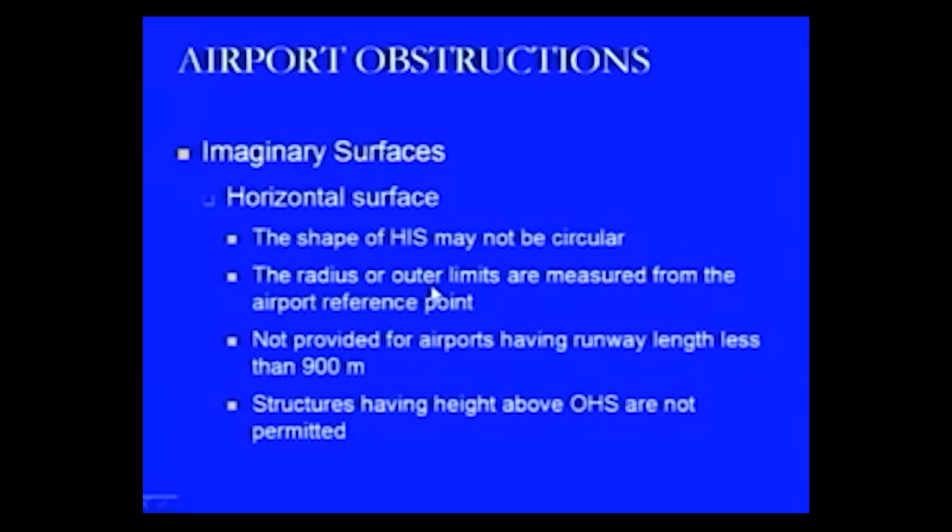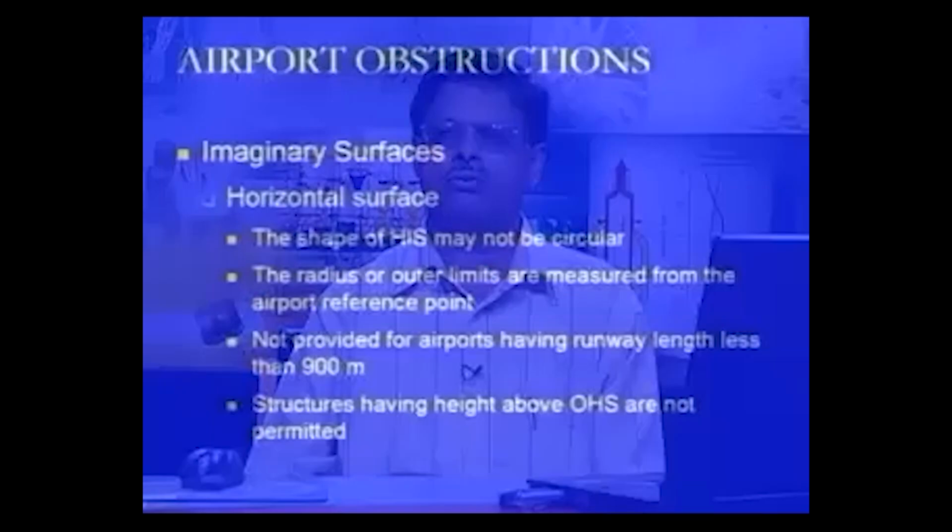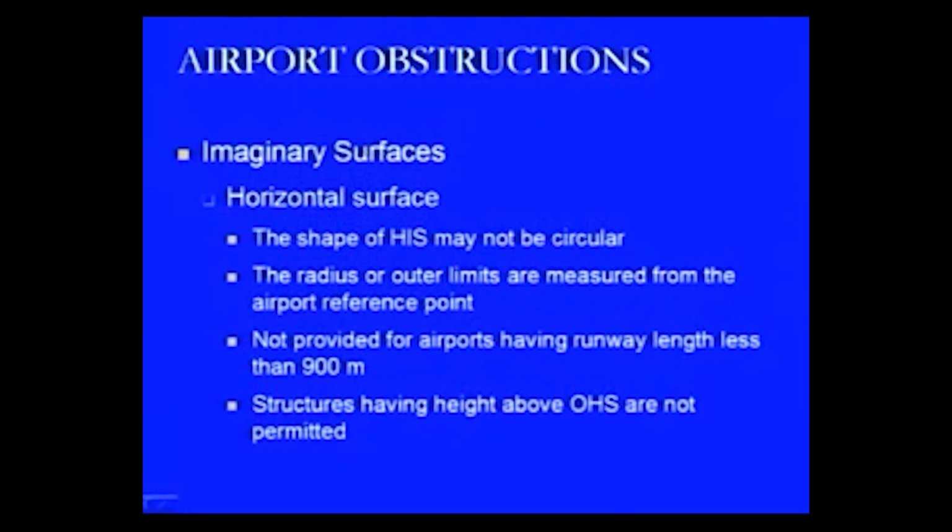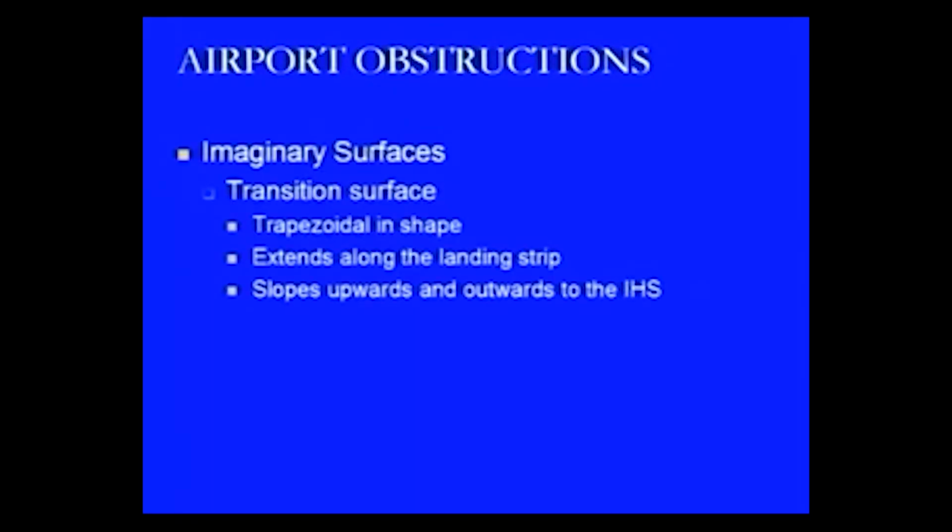The radius of outer limits is measured from the airport reference point, that is again ARP, and these are not provided for airports having runway lengths less than 900 meters. Structures having height above OHS, that is the outer horizontal surface, are not allowed.